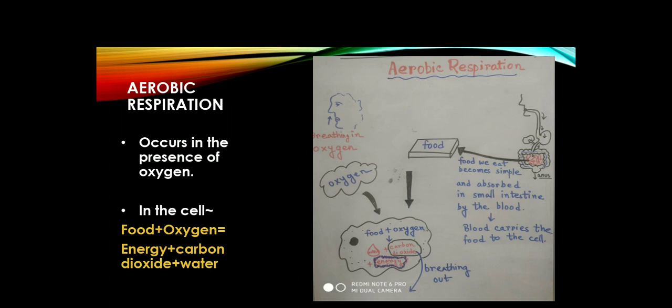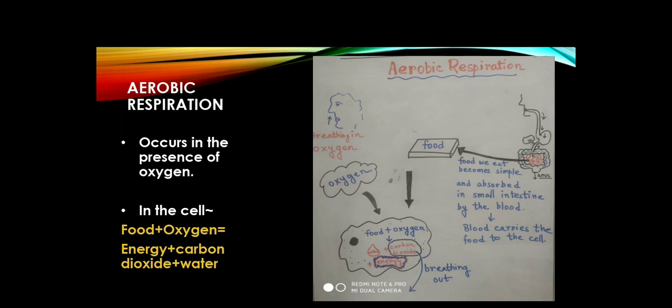Blood will carry the food to the cell. At the same time, blood will also carry the oxygen that we breathe in. All of this oxygen and food are now in the cell.